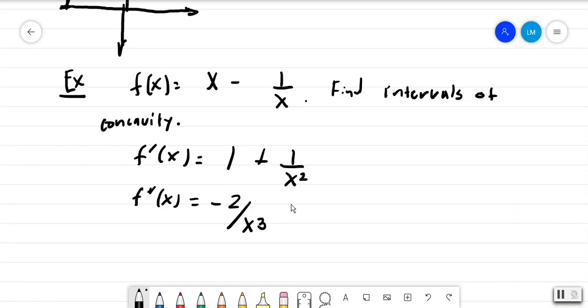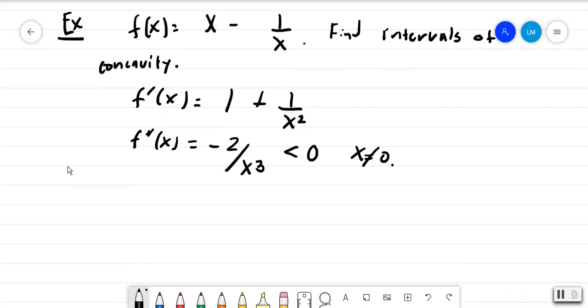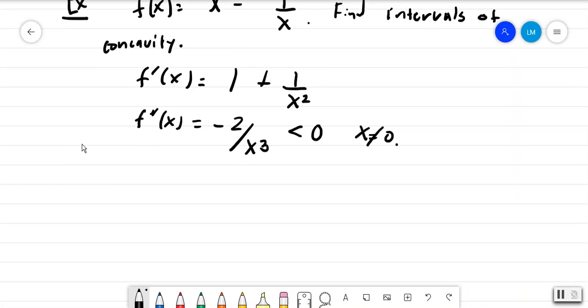Now the issue with this is that this is always negative for values that are not equal to 0. So in this case, this would imply that the whole thing is... okay, hold on. Actually, let's be careful with that. Yeah, so there is a restriction that it cannot be 0. But, okay, getting a little ahead.